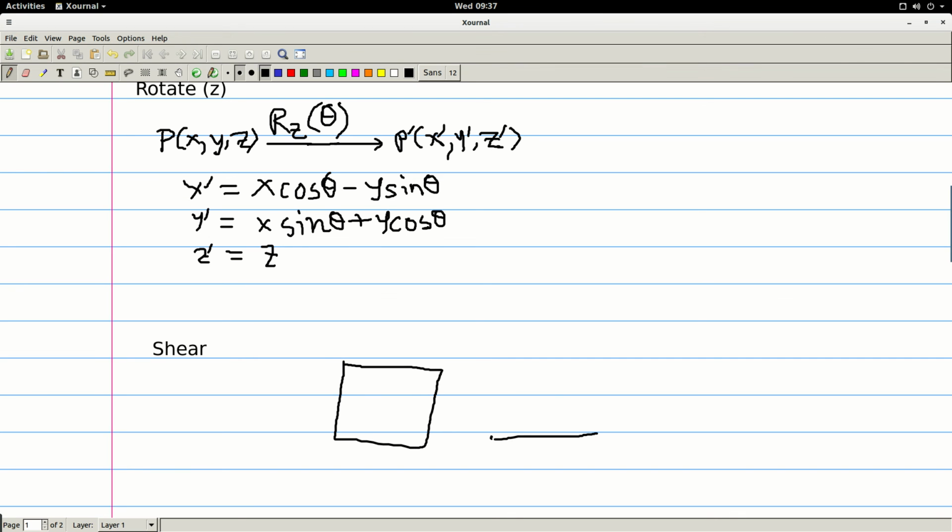In many desktop editing tools, you will find the shear tool with which you can move two vertices in one direction like this. It's not actually rotating the whole thing, it's moving a part of it towards one side or this side. So that's the shearing.